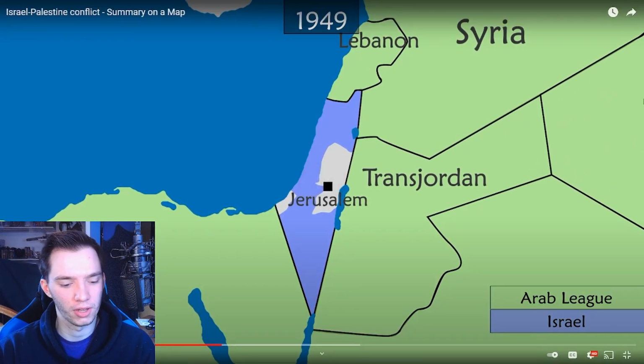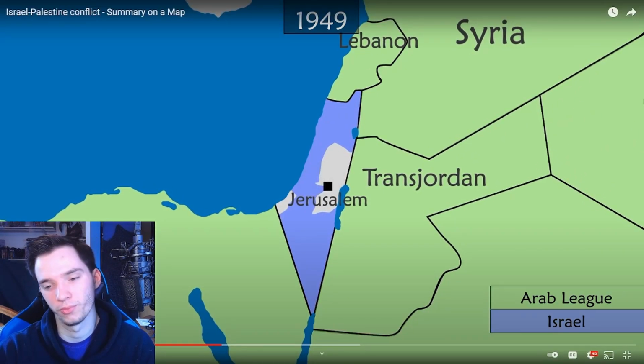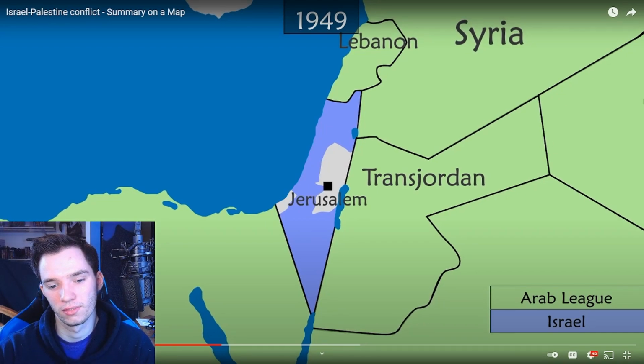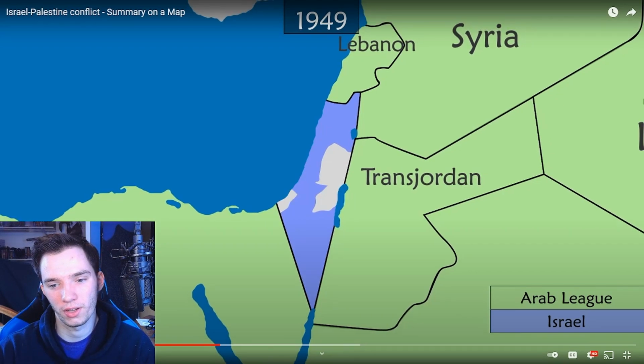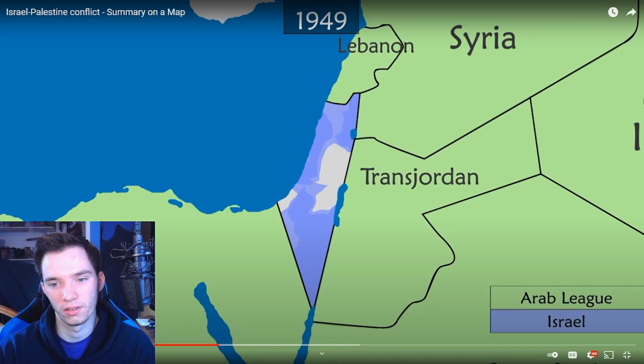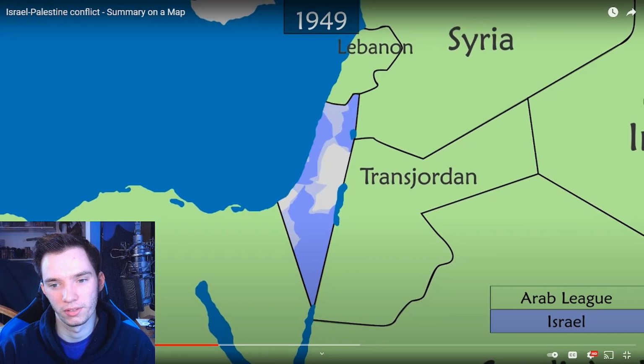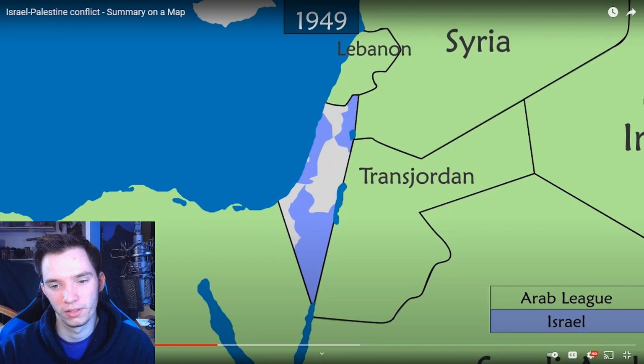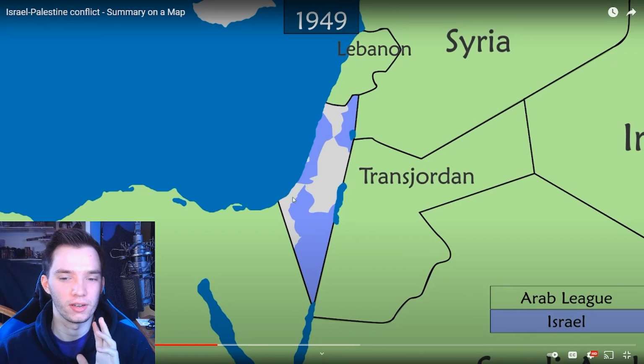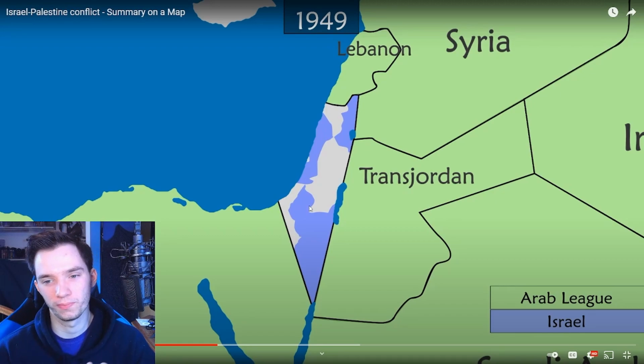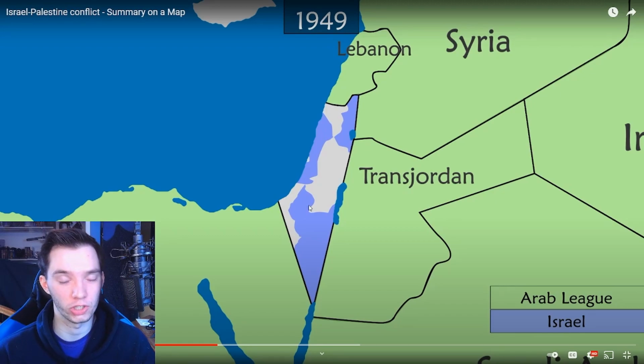Whoa, they grew. Okay, hold on. One thing I want to know is who thought these borders were okay? This is a genuine question.